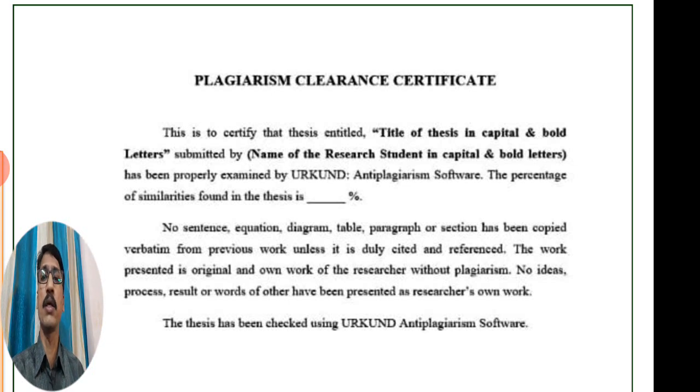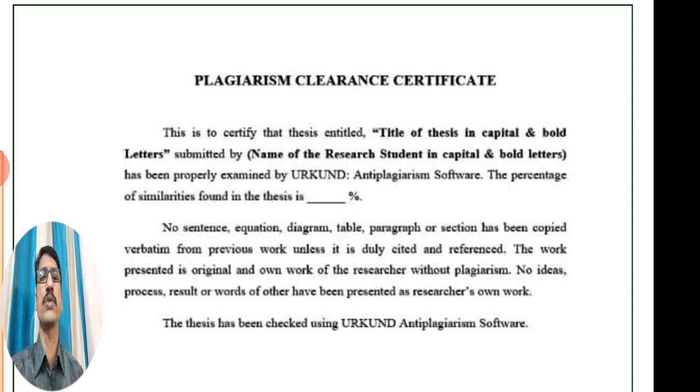If you use a sentence, equation, diagram or tables from others' research papers or theses, then you duly cite them, give the name of the scientist, and reference them in the bibliography or literature cited, and the work presented is original and the own work of the researcher without plagiarism.